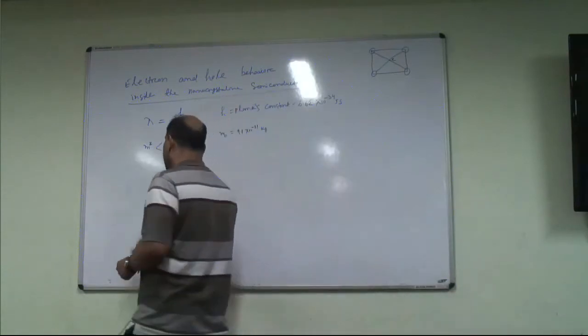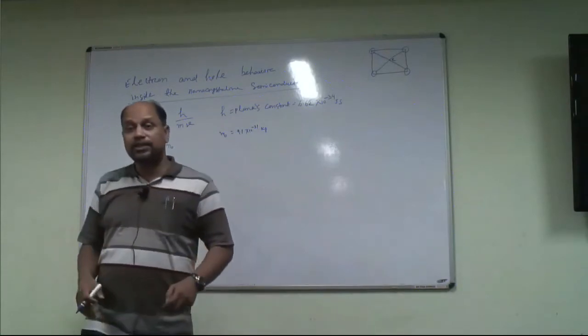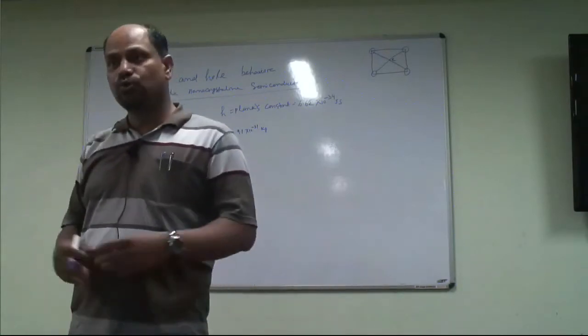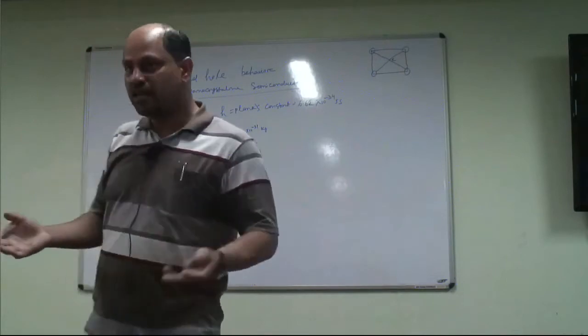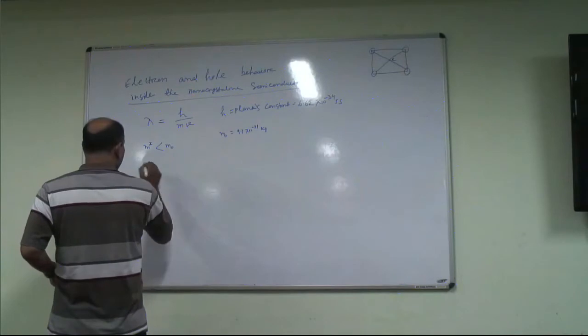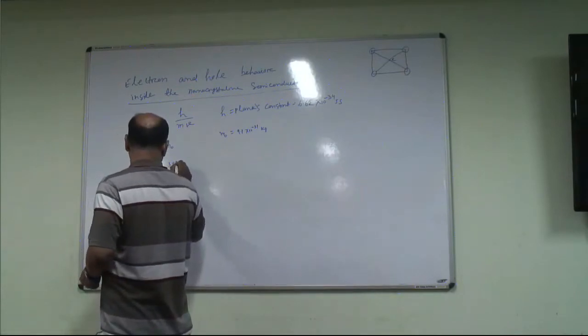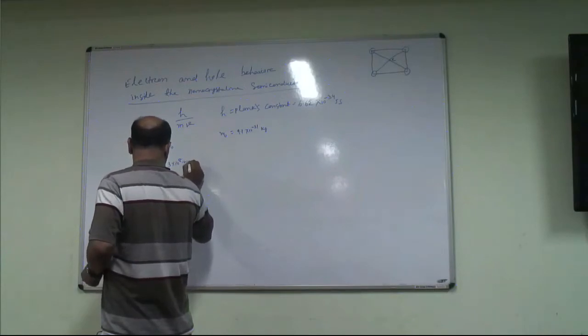The velocity of the electron, again due to the bound nature of the electron, is also modified. It is not exactly equal to the light velocity. Its velocity v is less than the velocity of light, 3 into 10 to the power 8 meter per second.